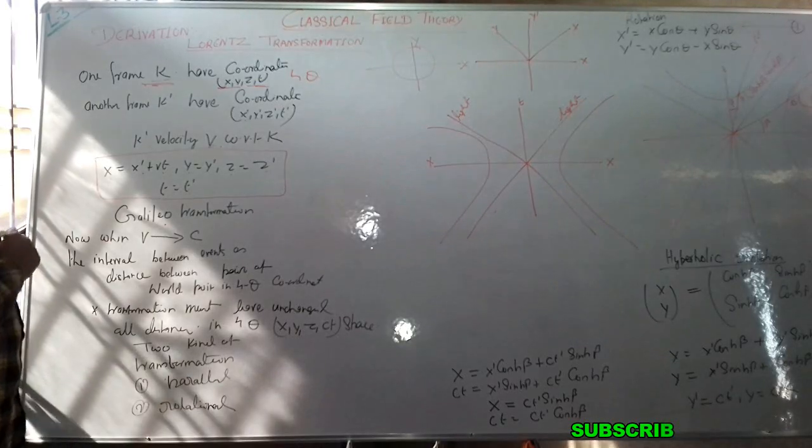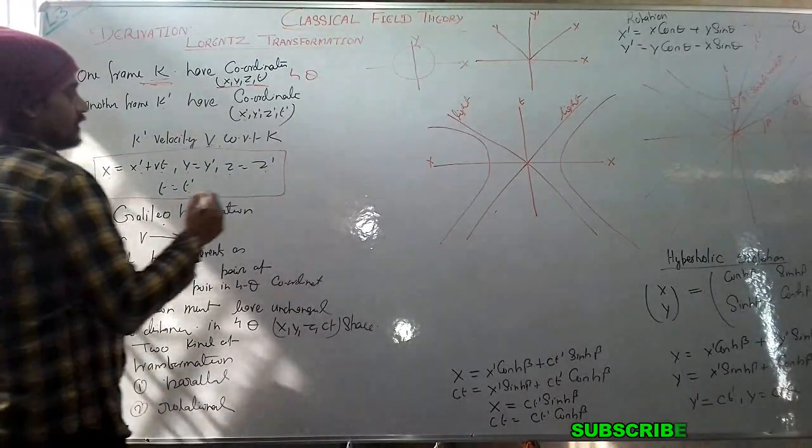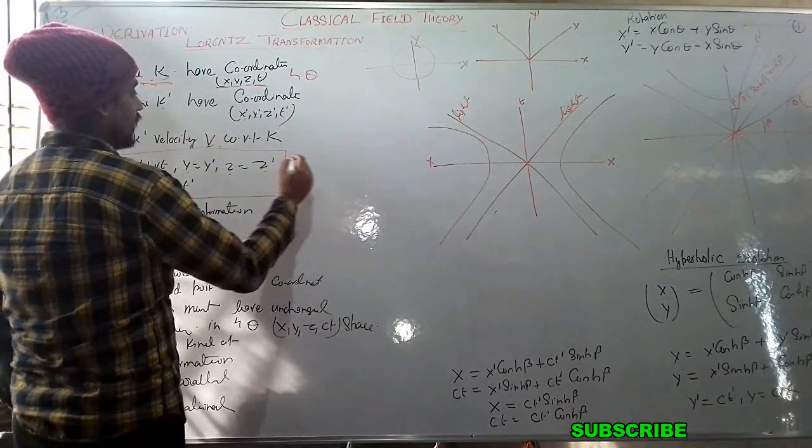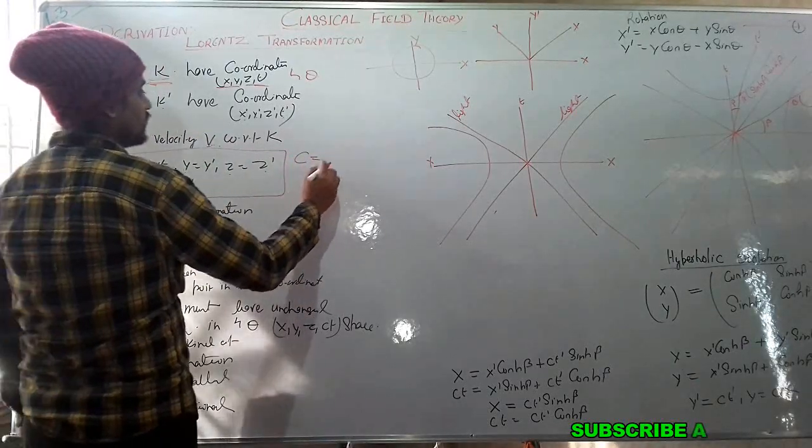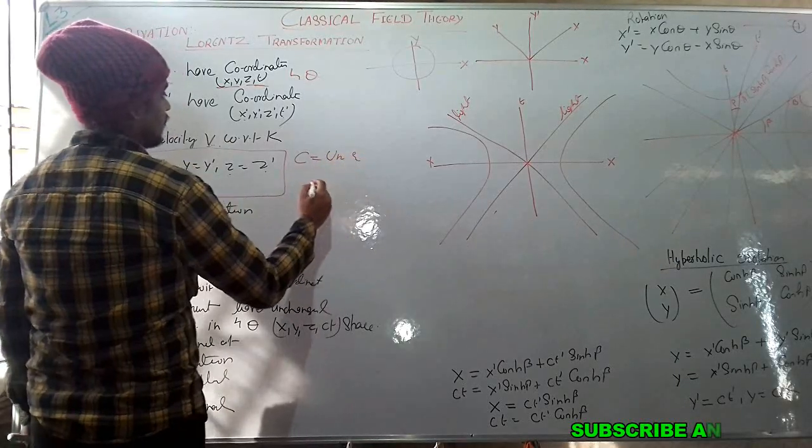But in special relativity, there is an assumption, or fact, that c is independent of any observer. It means c is a universal constant.